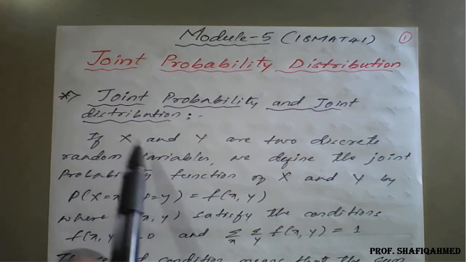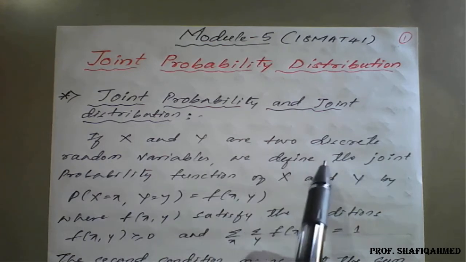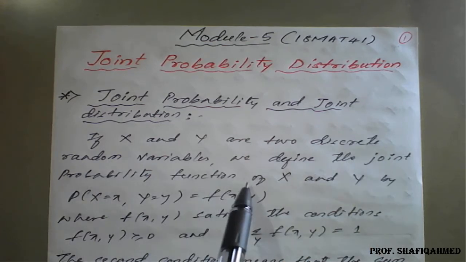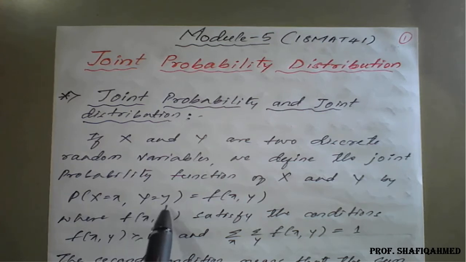variables. That is, if x and y are two discrete random variables, we define the joint probability function of x and y by probability of the event capital X equal to small x and capital Y equal to small y is equal to function f of xy, where f of xy satisfies the condition.